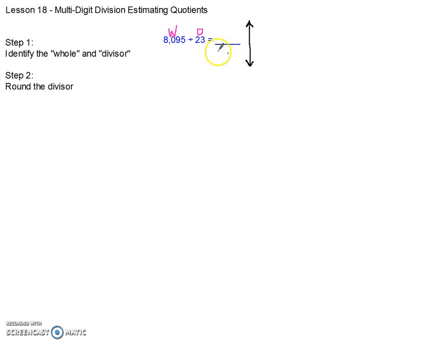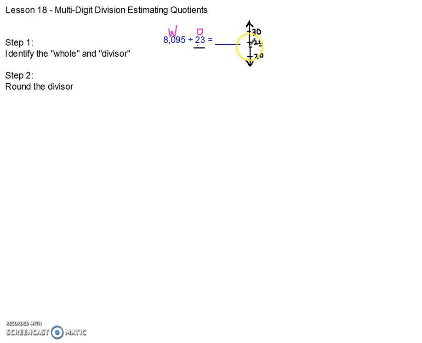Step 2 is we want to round the divisor. So we take a look at here and we are rounding to the tens. So on my number line, my bottom 10, I would either be rounding down to 20 or I would be rounding up to the next 10, which is 30. My midpoint is 25, and so I would ask myself, where on this line does my divisor fall?